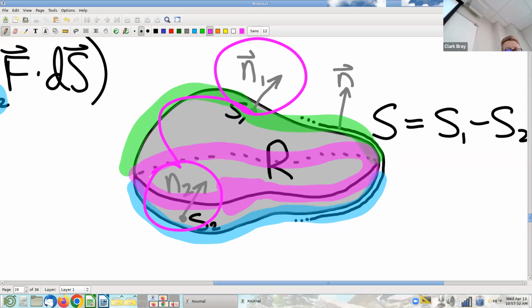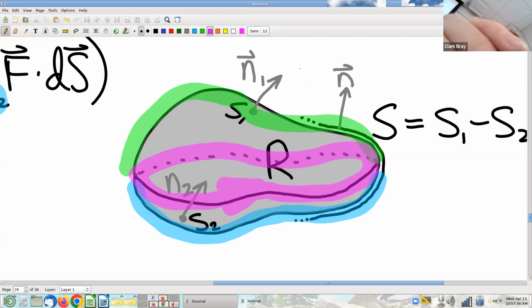You can't get it wrong. The orientation matters. And in fact, in order for your boundary to be oriented the way I've got it drawn here, you need the green orientation to be outward, and you need the blue orientation to be inward.